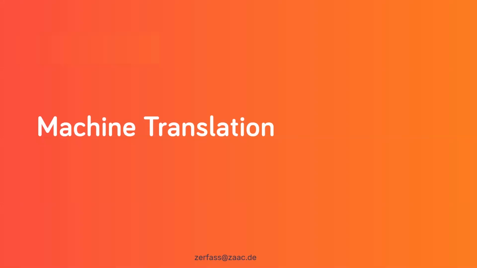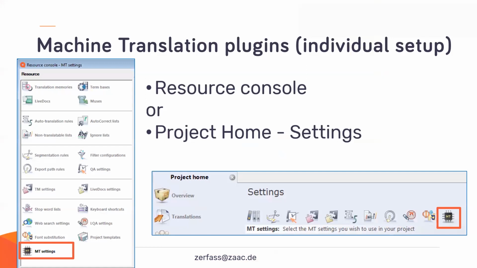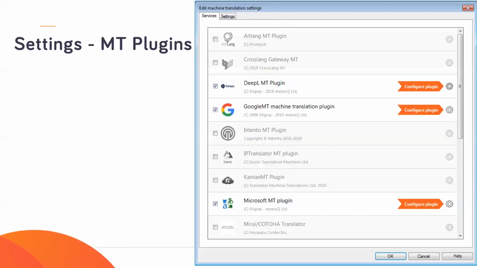The machine translation options are also plugins. To set up these plugins, you would either go to the resource console, to the MT settings, or inside of a project, to the project home, and there to the settings, all the way to the right to the MT settings. This is if you are in a local project and you want to do your individual setup for machine translation usage.